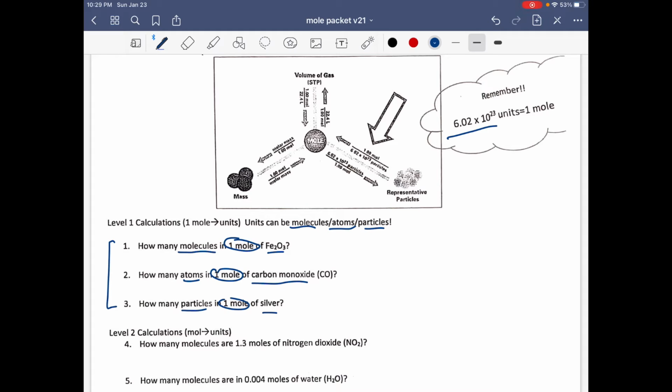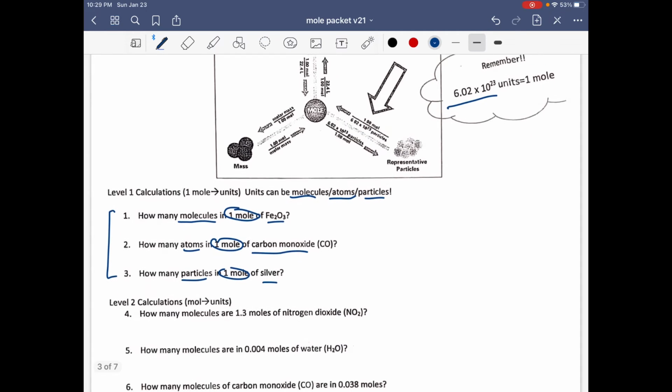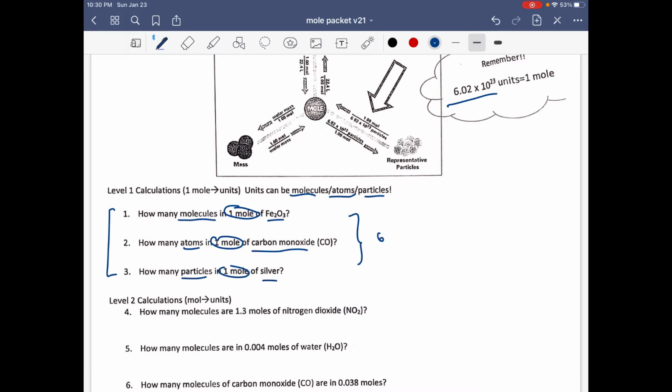It's always 6.02 times 10 to the 23 units in 1 mole, doesn't matter what element it is. So the answer for all 3 of these will be 6.02 times 10 to the 23, because it's only asking for 1 for each one. We'll write this for each one and just replace it with the units. For the first one, number 1 will be molecules, 2 atoms, 3 particles.